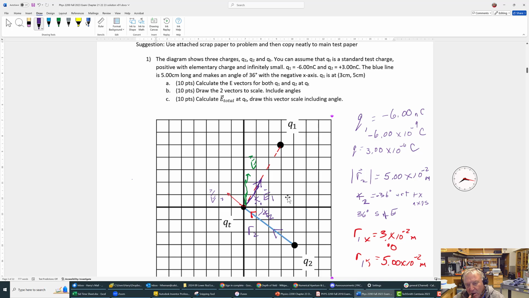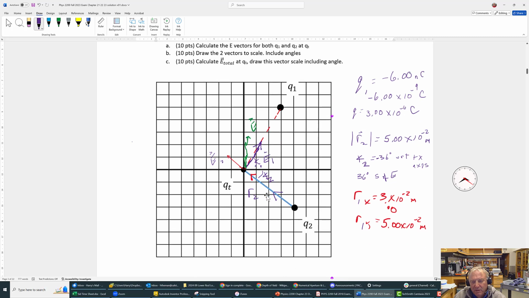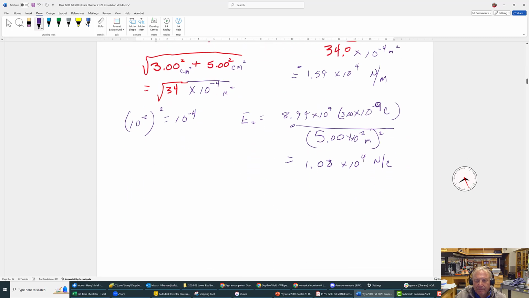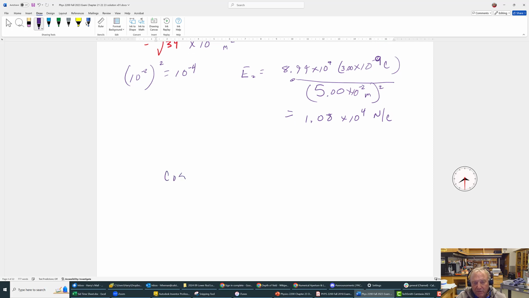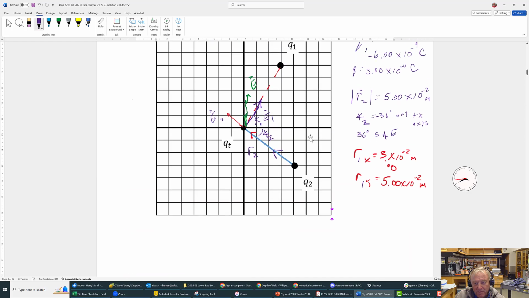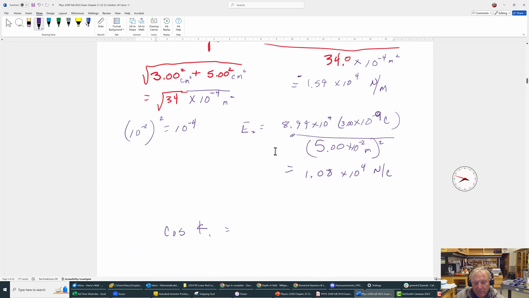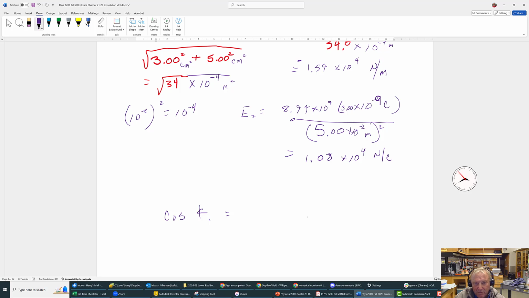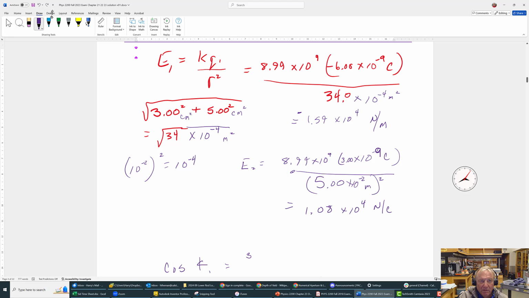And so the x component here would be cosine of theta 1, which just happens to be the x component, 3 centimeters. 3 times 10 to the minus 2, let's get the sig figs going, and the hypotenuse is square root of 34.